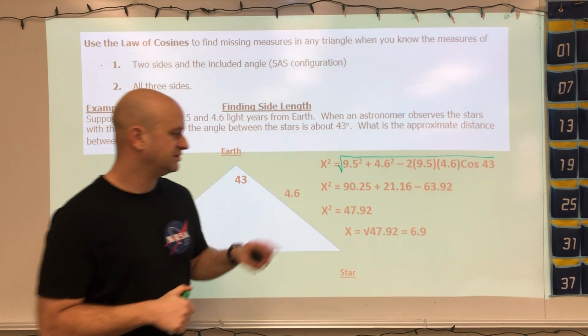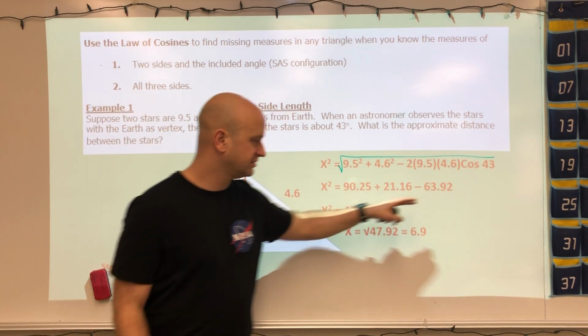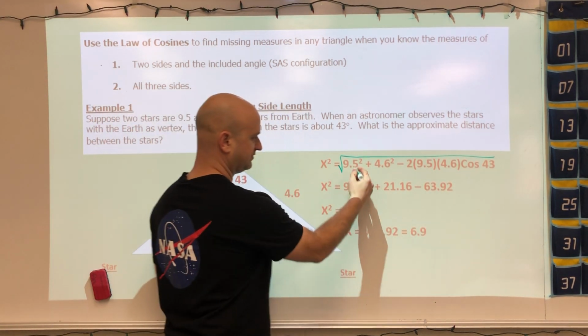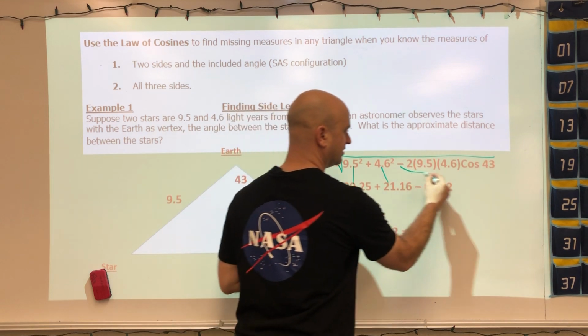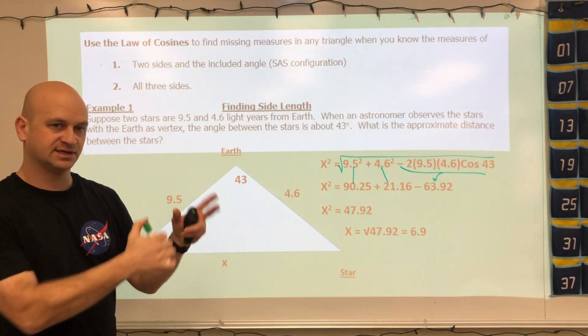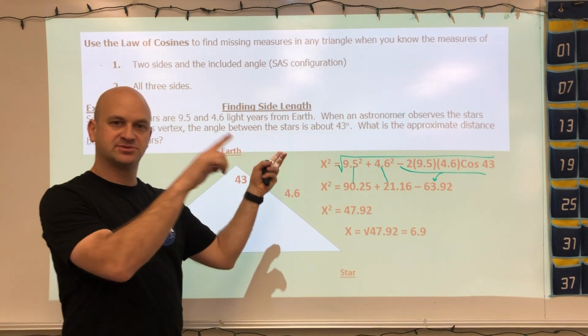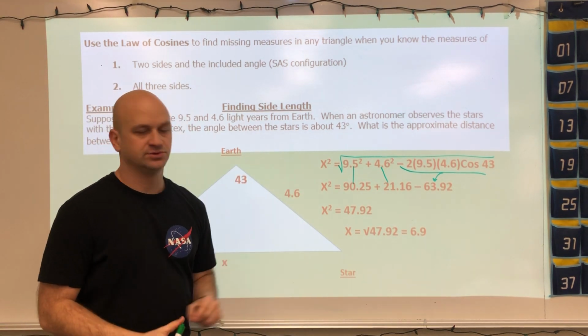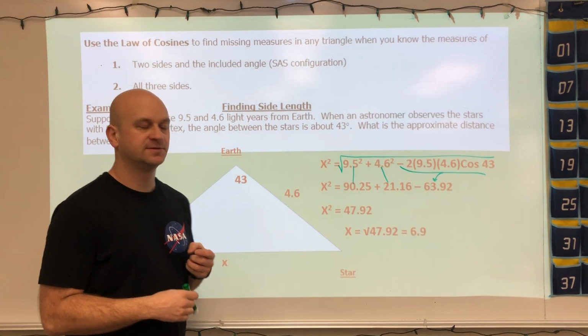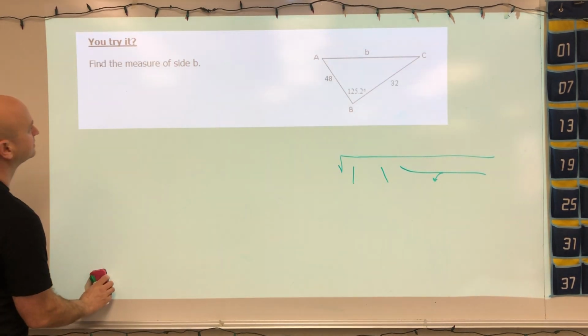If you're not able to do this on the calculator, then we have to break it down step by step. So you would figure out that these two go here, this part would go here. Without a calculator that has the option to give you the big square root, you may run into some calculation struggles initially, but it can be done. All right, let's try this one here.